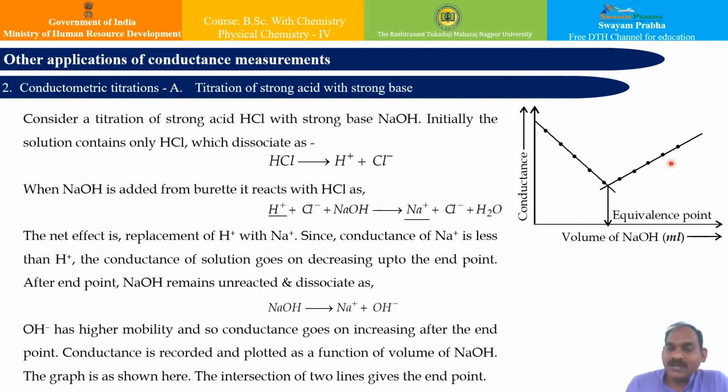So these two sharp lines are observed. When we take the intercept of these two lines, we can find the equivalence point of this titration. So in the case of a strong acid and a strong base, using conductometric titration or conductance measurement, I can find the equivalence point of the titration.